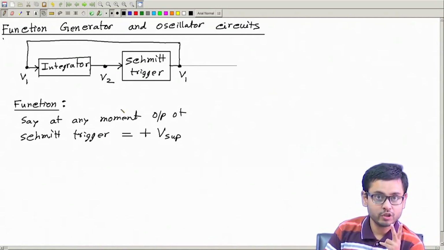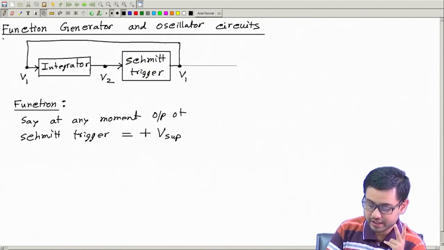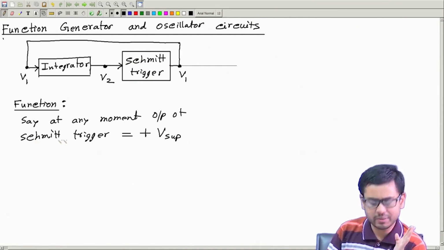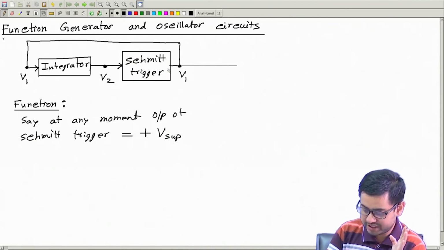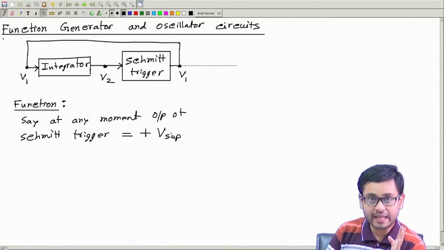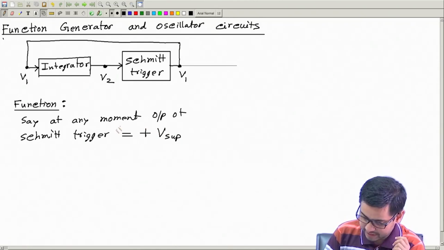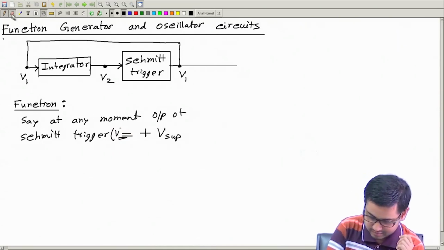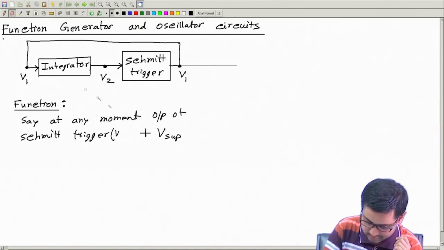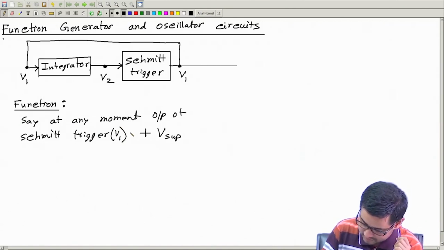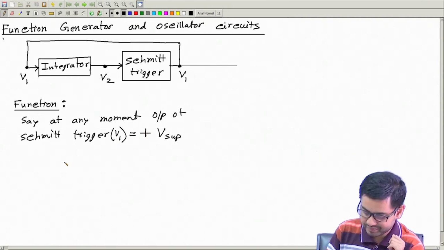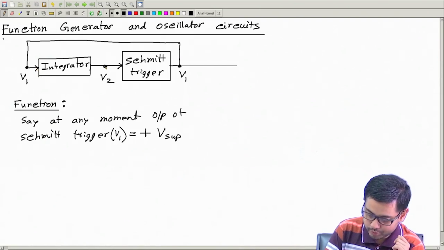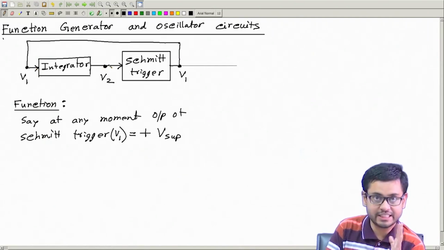These are the only two possible outputs that a Schmitt trigger has. Say at any moment the output is plus V supply, and this is equal to V1. So V1 is plus V supply, and this will come here, and therefore the output here will change continuously.